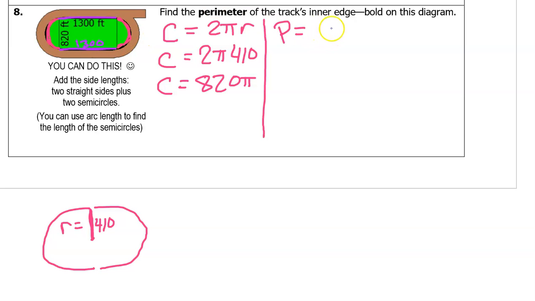So if I take the two straight parts of 1,300, if I add those together, and if I add in the circumference, which is 820 pi. All right, that gives me the entire length of the track, the straight parts and the curved parts put together. So that should be the perimeter.